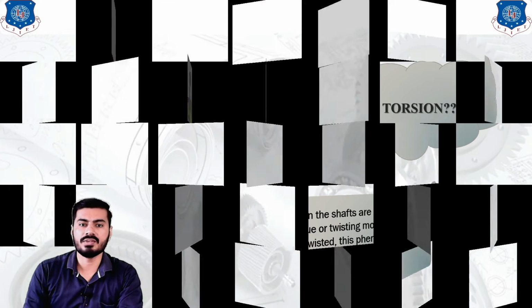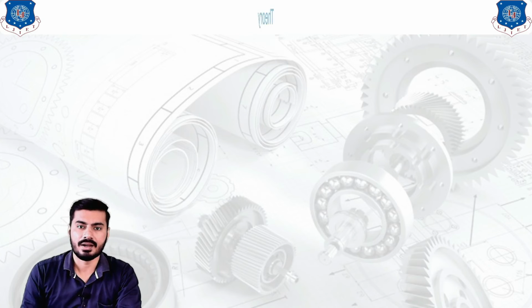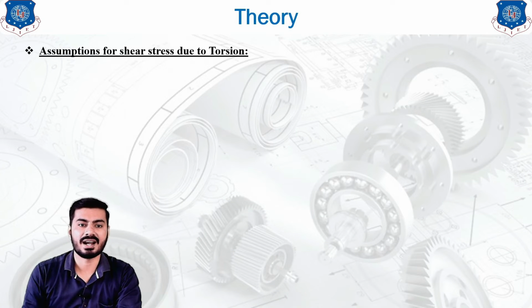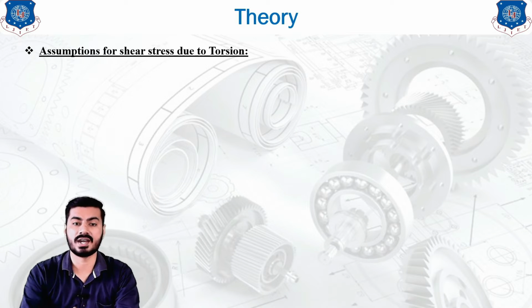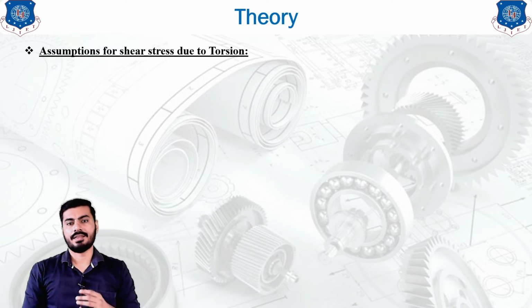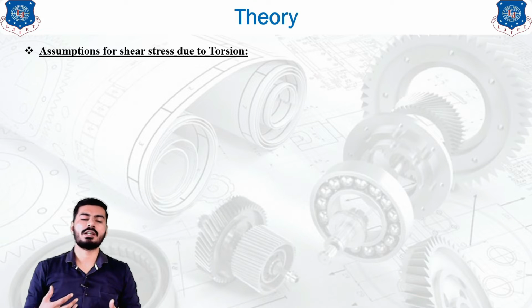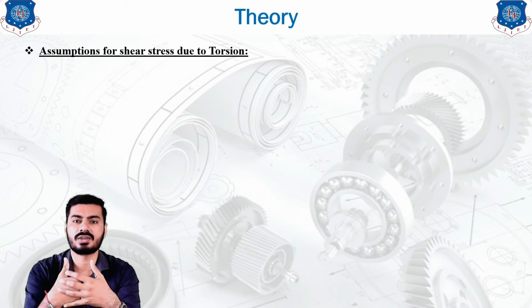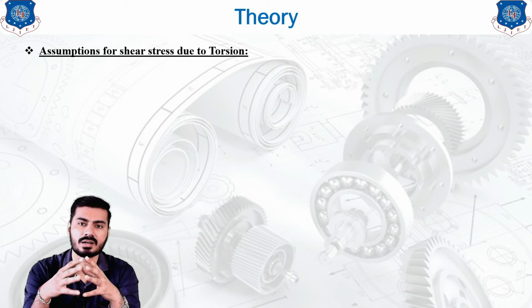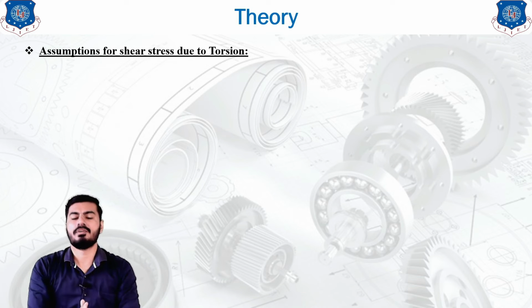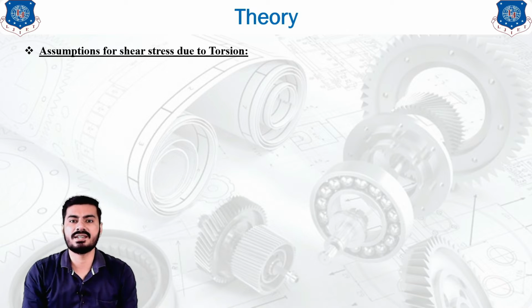Okay, now we will see another slide where you will find the theory regarding the assumptions of the shear stress due to the torsion. Whenever we find the stresses generated due to torsion, the first stress that comes into the picture is the shear stress, which is the most important stress while designing the shaft.